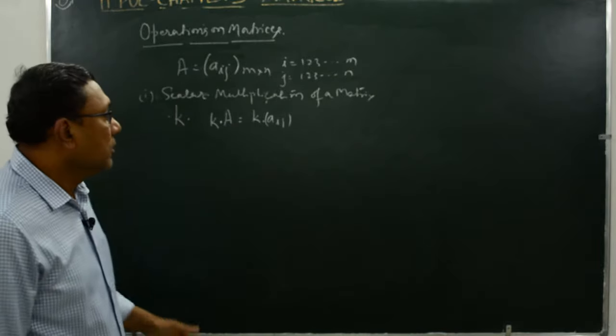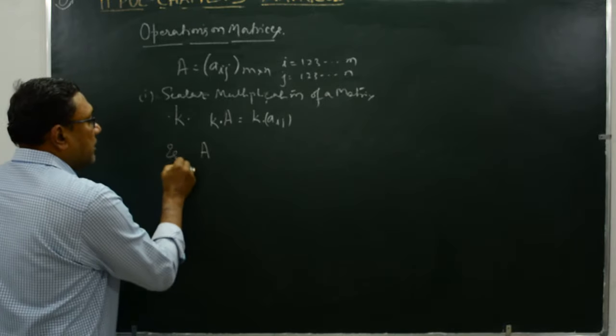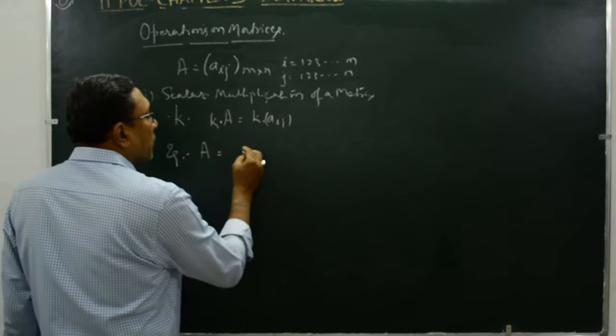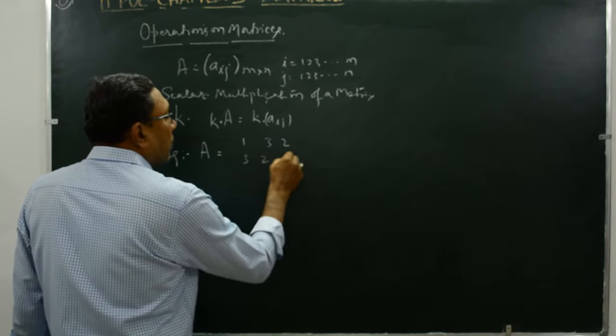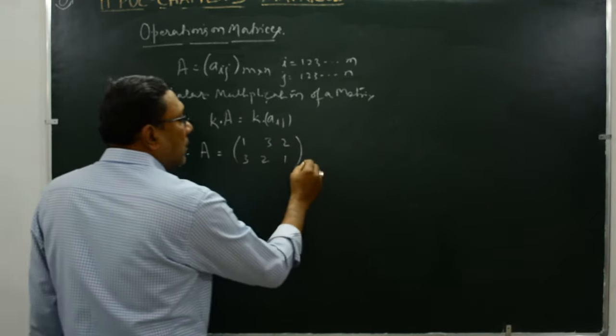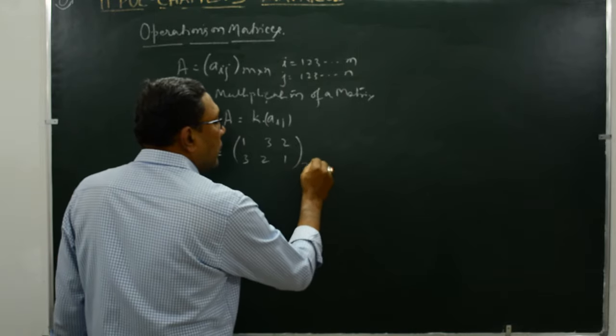So, for example, consider a matrix A equal to [1, 3, 2; 3, 2, 1], which is of order 2 rows and 3 columns.